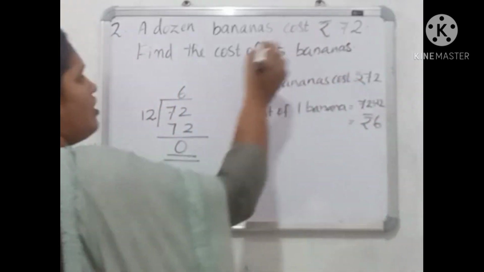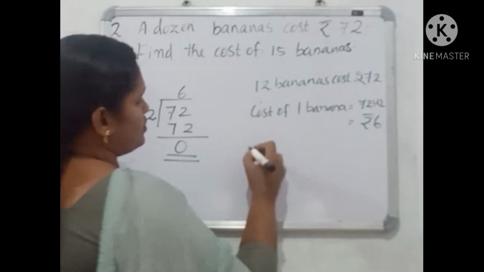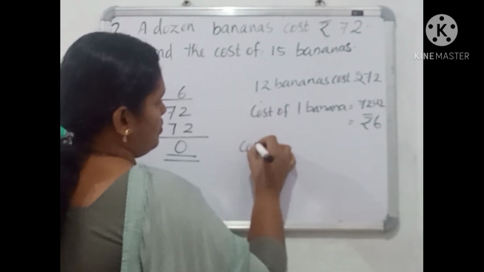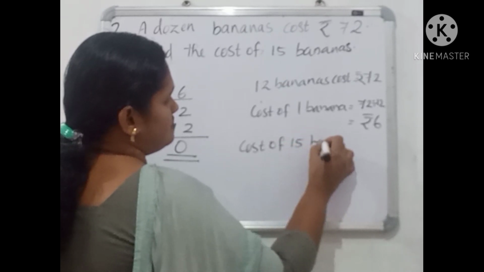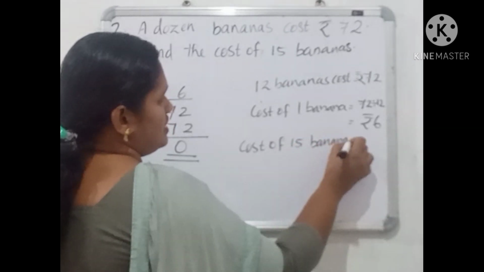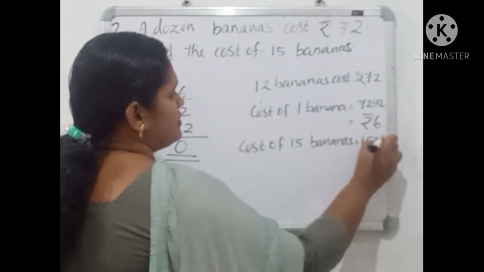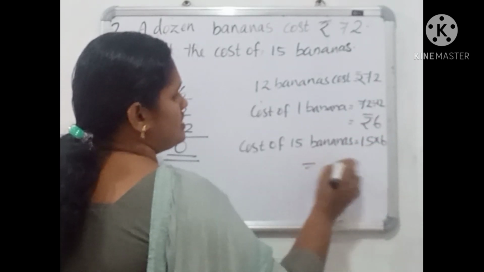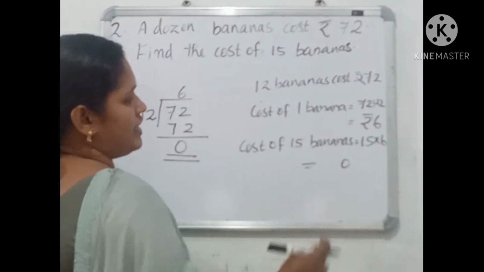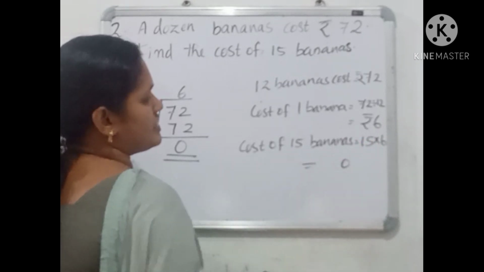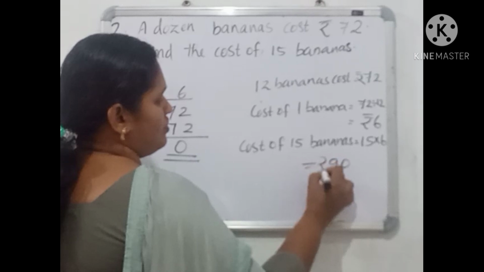We have to find how much? The cost of 15 bananas. Cost of 15 bananas equals 15 into 6. 6 5s are 30, 0, 3 carry over. 1 6 is 6 plus 3 is 9. 90 rupees.